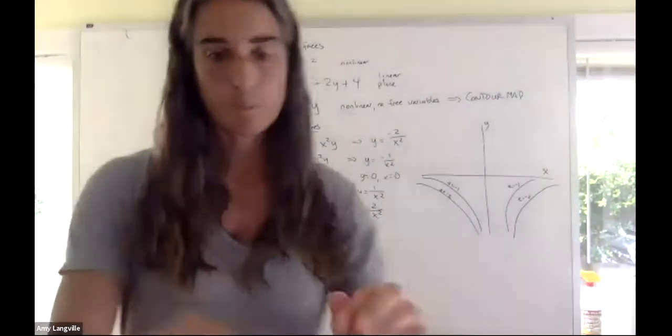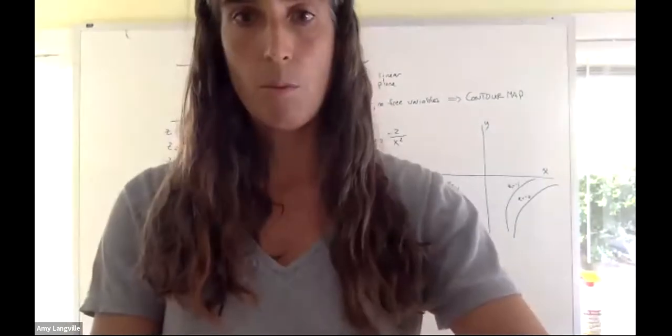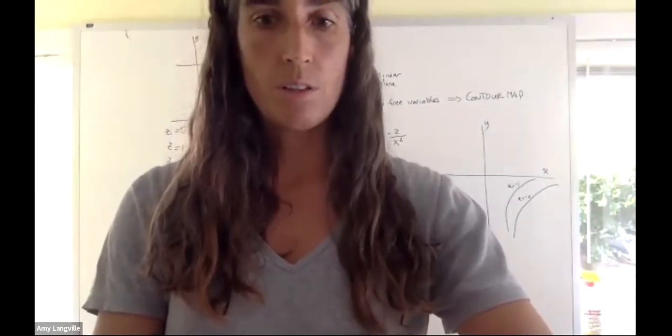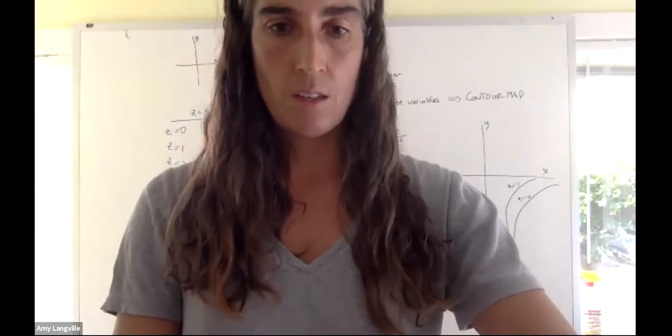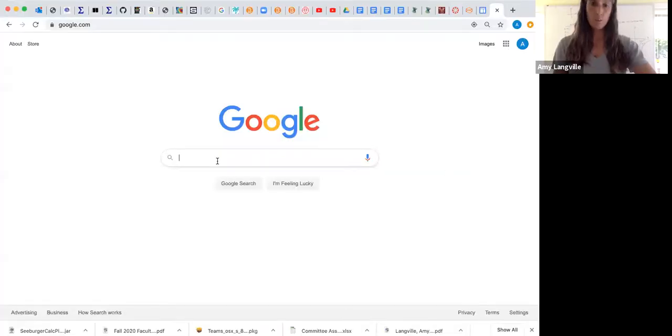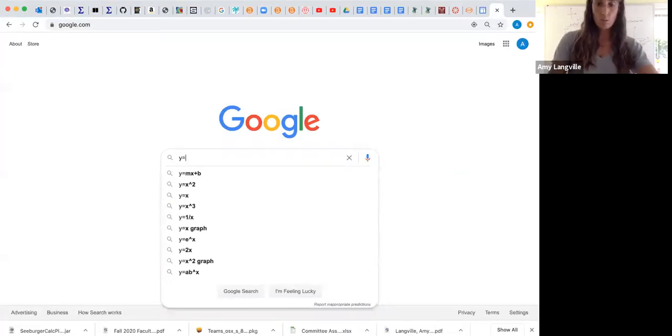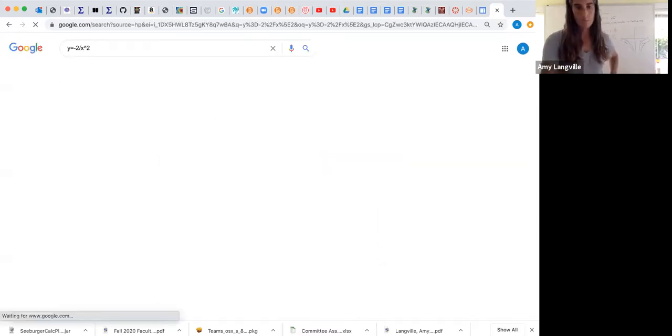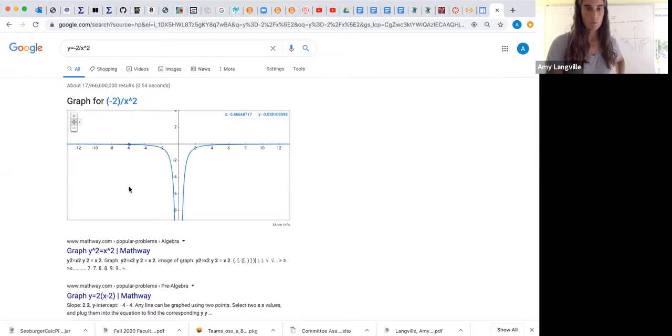I'm just going to get to a screen share here for a moment. Pause this. That's right, Google. Just know that you can graph equations with Google. So it'll show you minus 2 over x squared. That was our first one that we put in.